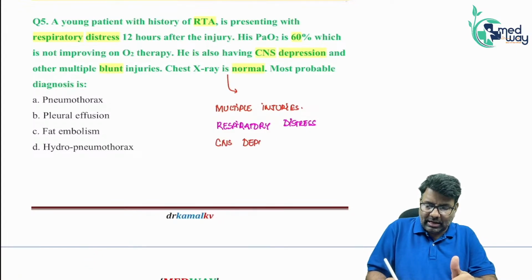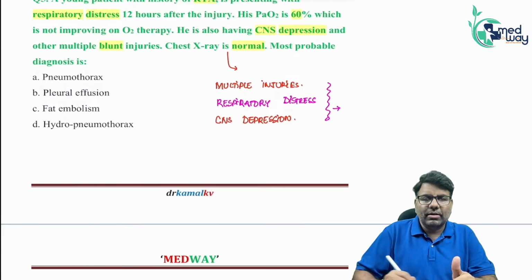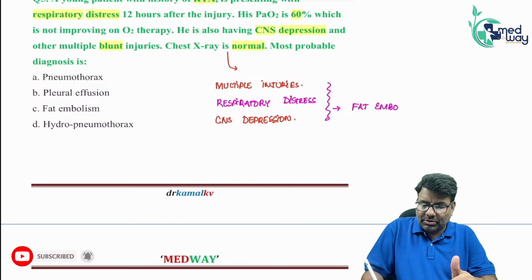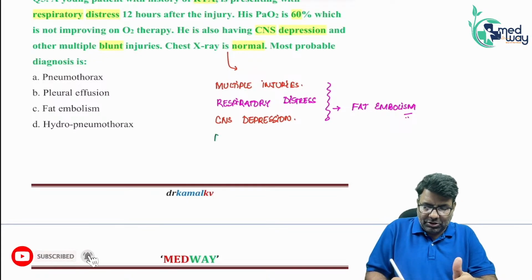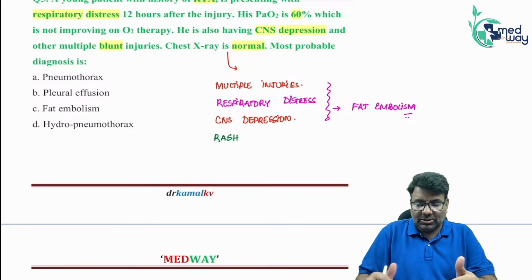There is CNS involvement, right? So this all goes in favor of the entity, that is fat embolism, and one more classical feature which is usually noticed is rash, which can be seen over trunk or conjunctiva.